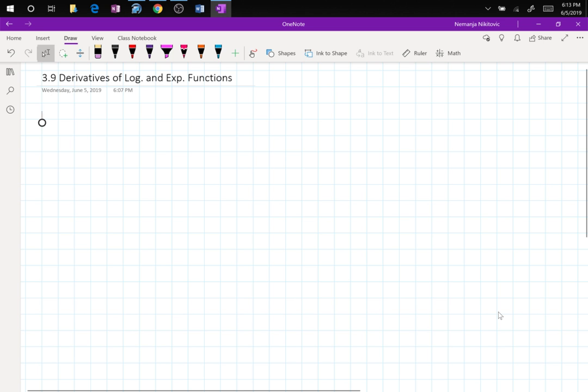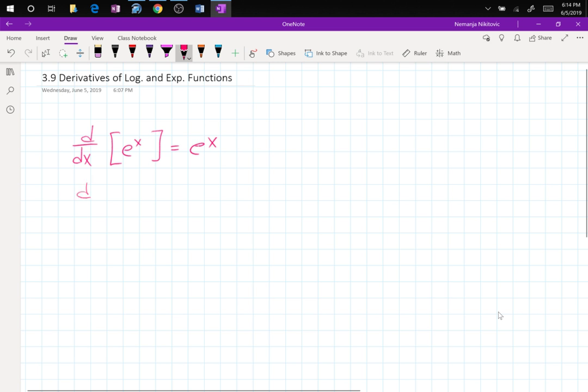So, we already discussed the basics of this lecture. The derivative of e to the x was e to the x.